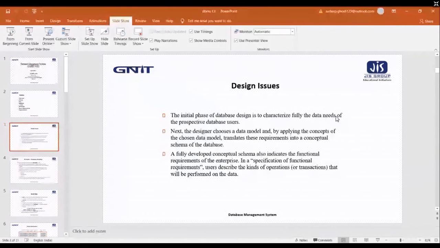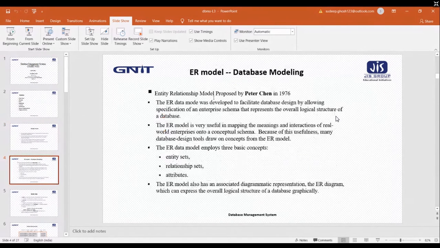This is the ER model. The entity relationship model was proposed by Peter Chen in 1976, so it is an important question for your MCQ.